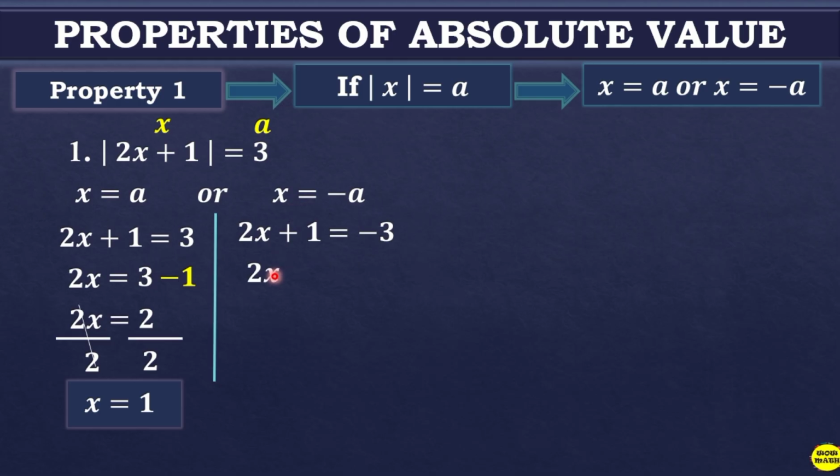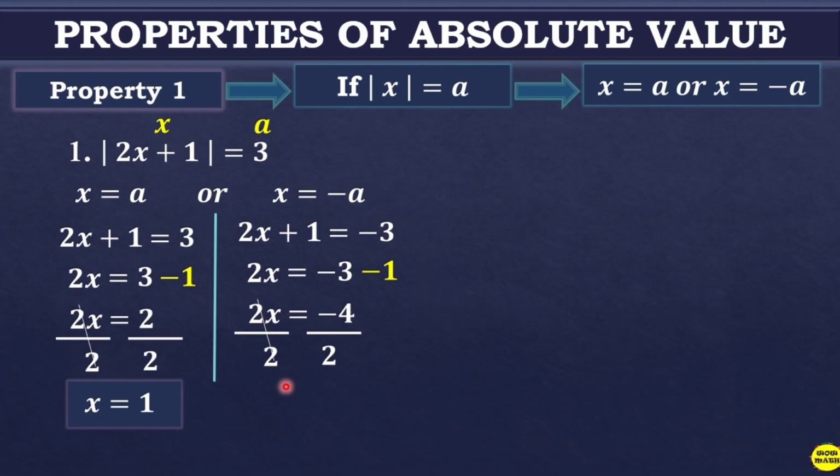So, we now have 2x is equal to negative 3. Lipat natin ito, magiging minus 1. Kasi isama natin siya dun sa kapwa niya constant. So, negative 1. So, 2x is equal to negative 4. Divide both sides by 2. So, this will be cancelled.